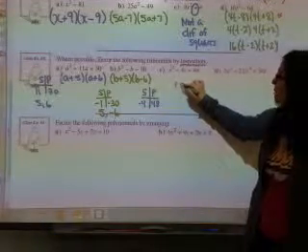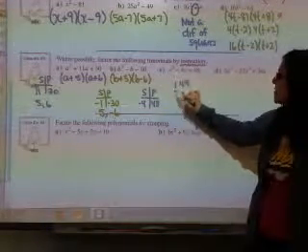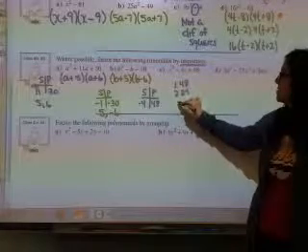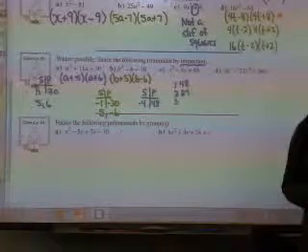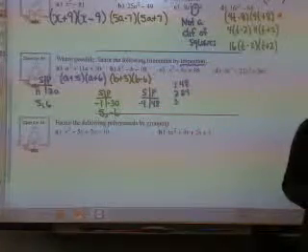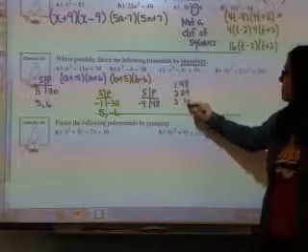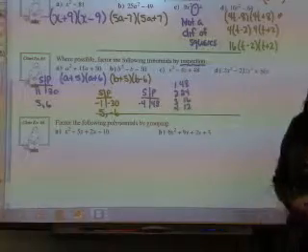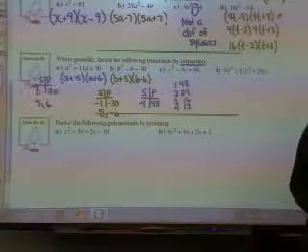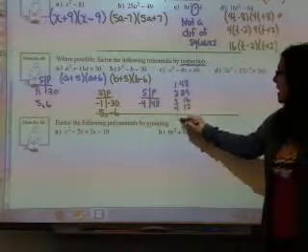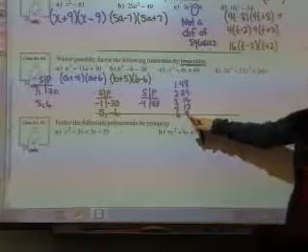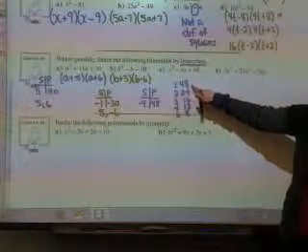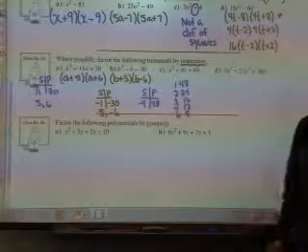So I have 1 and 48. I have 2 and 24. 3 times what? 4 times 12. Can't do 5. Can I do 6? 6 times 8. And I can't do 7, and then I'm going to be back up to 8, so I'm going to go up this side. So these are all my possible factors.